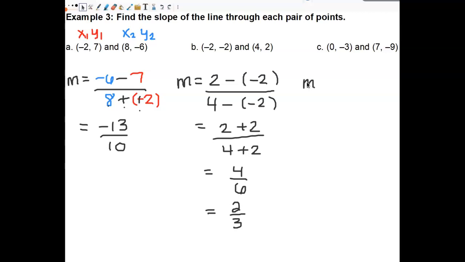And letter C. Now, you could relabel your points. I could label this as x2, y2, and this as x1, y1.